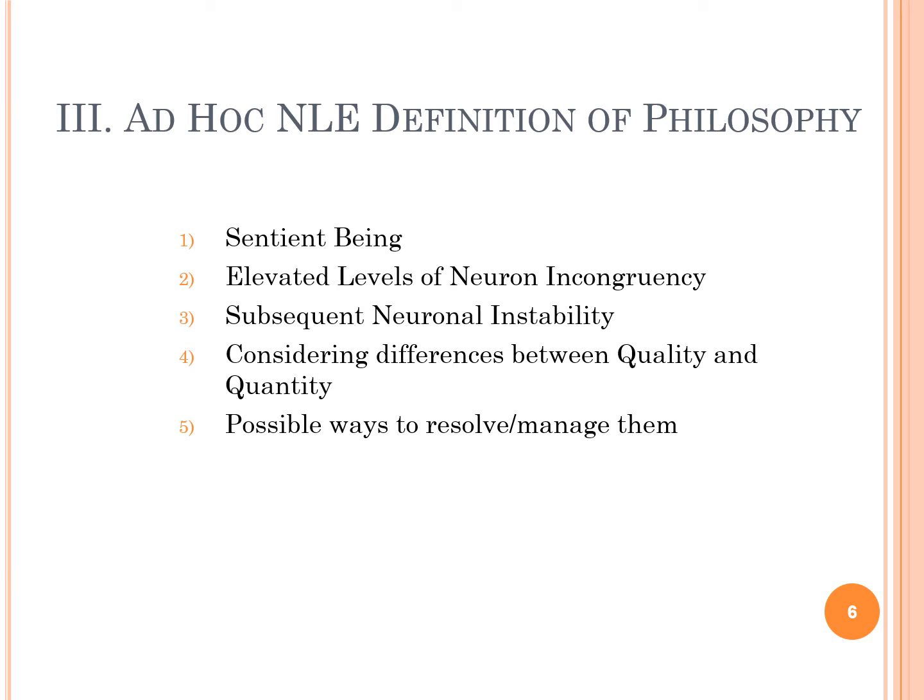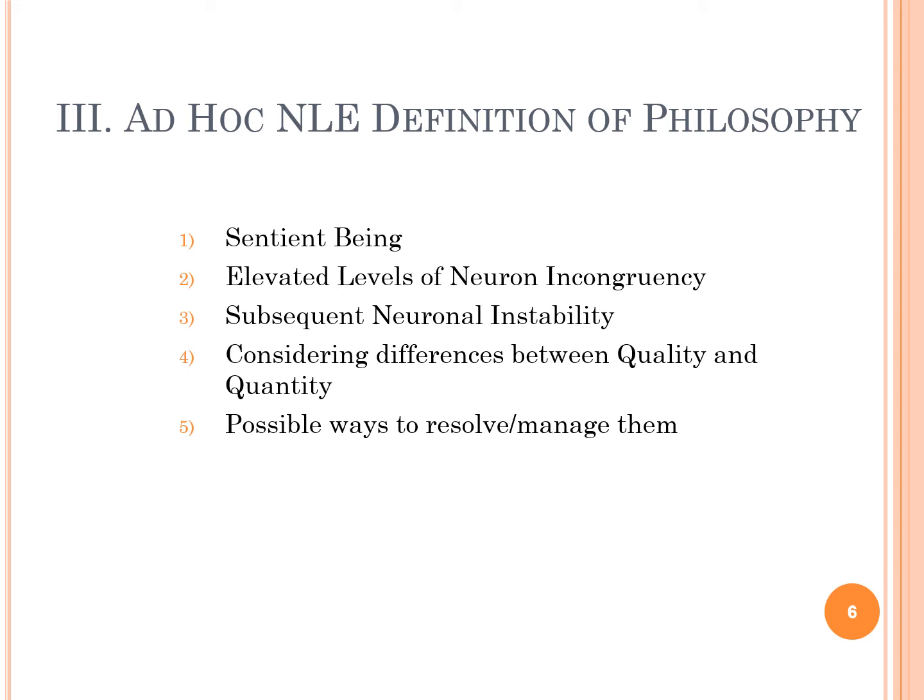Then we have elevated levels of neuronal incongruency, and that comes, in this case specifically, from layer V1b of the telencephalon, which produces an electromagnetic pulse, and it causes other neurons around it to grow towards it, and this causes the input signal to separate, combine, and basically be incongruent with itself.